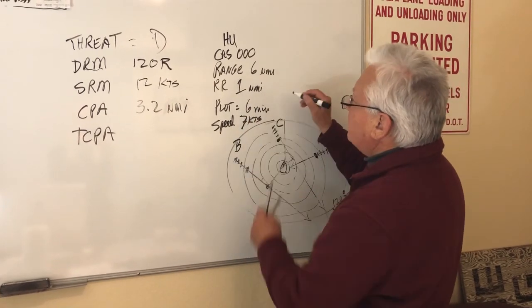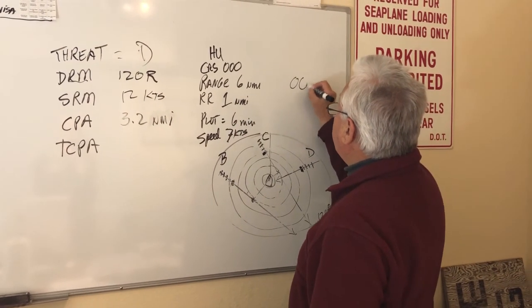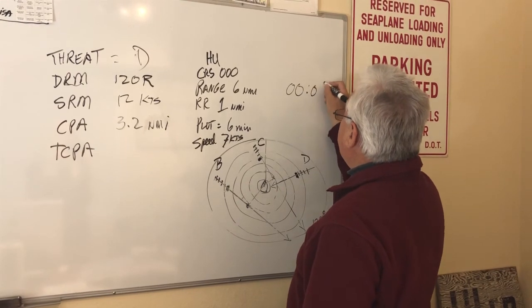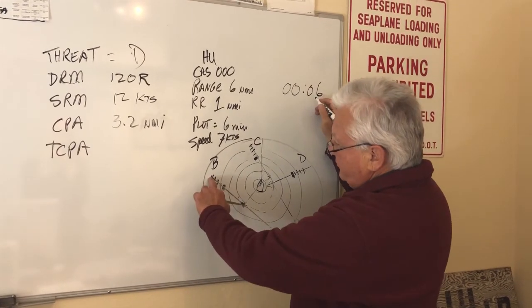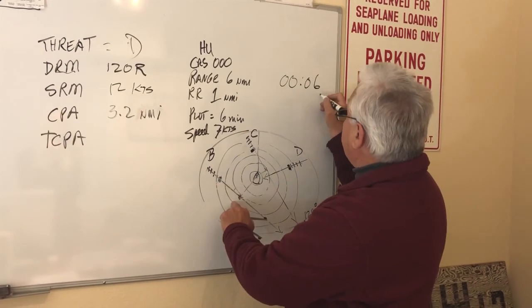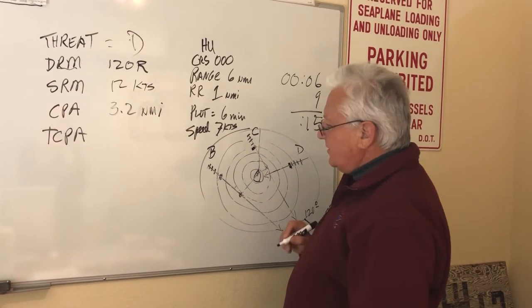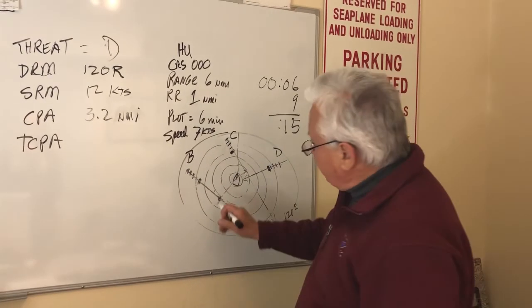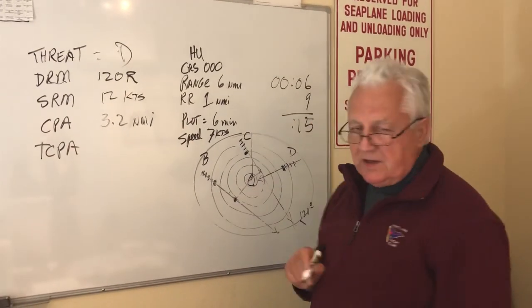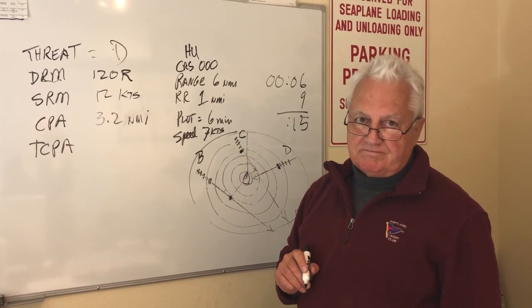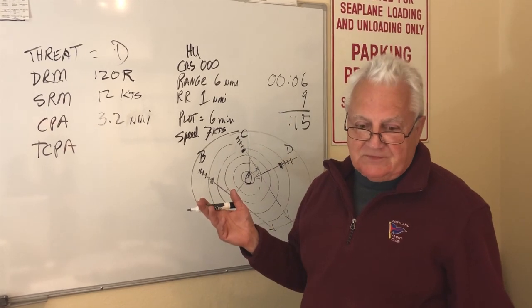Our plot clock right now is at 0006. So that was 0. This is 6 minutes. Plus another 9 minutes is at 15 minutes on the plot clock is when this vessel will be at closest point of approach. And that's how we do it. So good luck.